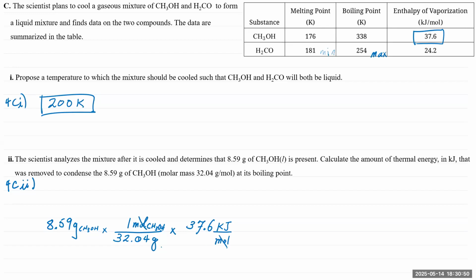So that brings us to kilojoules, and it should be 3 sig figs, and with this being 3 sig figs, you should get an answer of 10.1 kilojoules. So I would write 10.1 kilojoules of energy was removed.